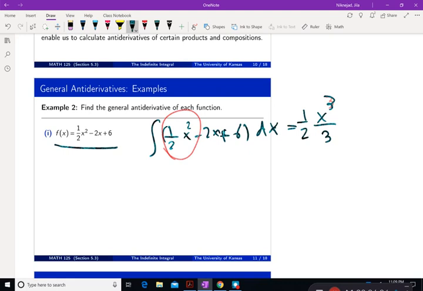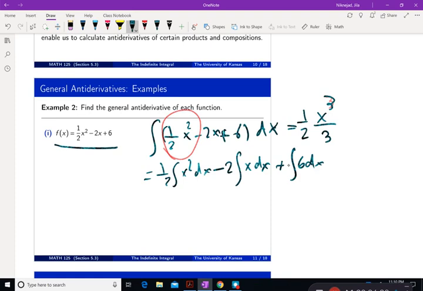And then minus 2x. Again, the first step would have been that you take that 1/2 out, x squared dx. Take the 2 and minus out, x dx. Take the 6, dx. So that would have been the first step.